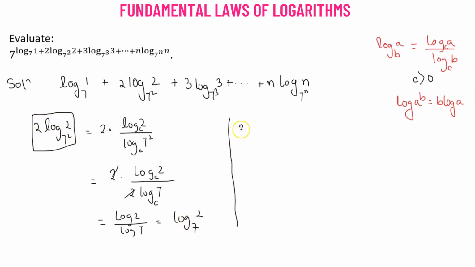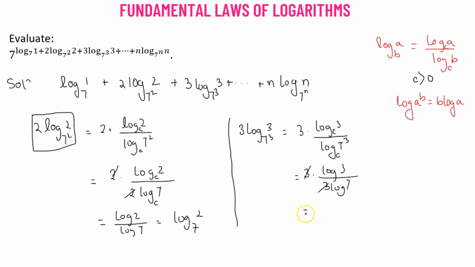We can also show that when we have 3 times log of 3 with a base of 7 cubed, this will become 3 multiplied by log of 3 with a base of c divided by log of 7 cubed with a base of c. The log of 7 cubed will become 3 times log of 7, so we have 3 times log of 3 divided by 3 times log of 7.